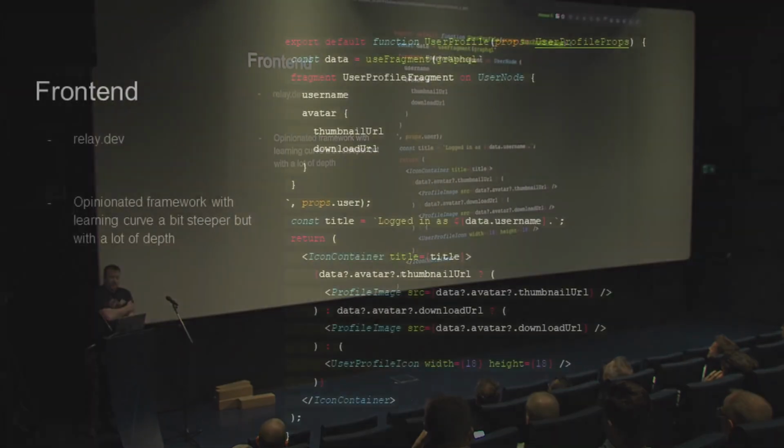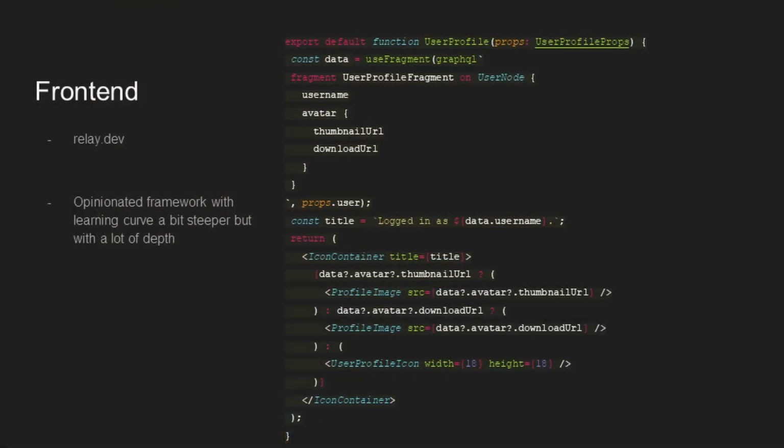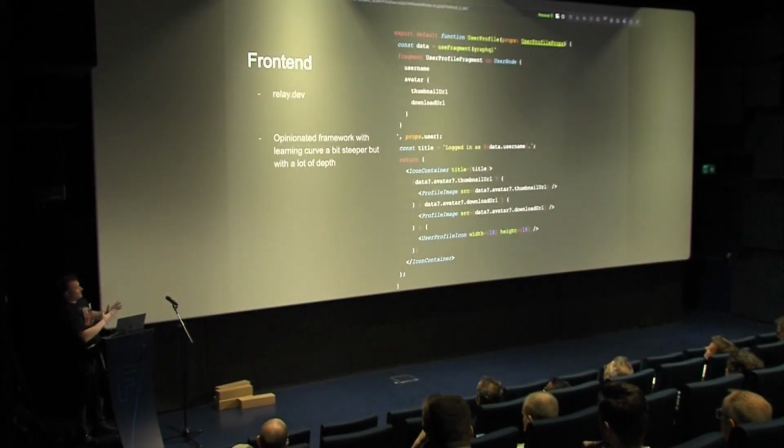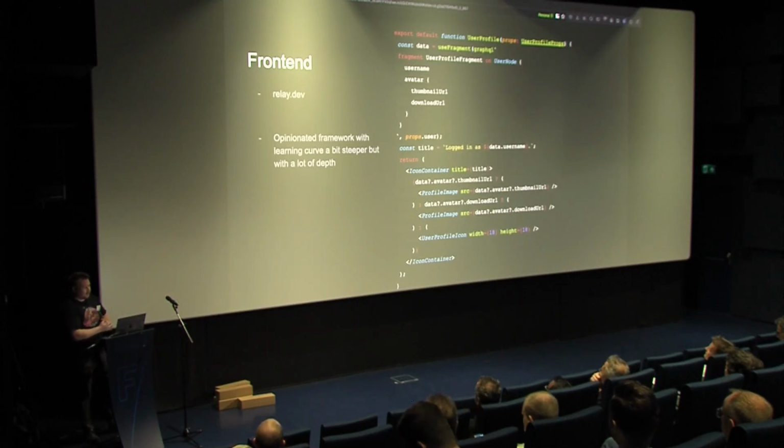And the nice part of GraphQL is that front-end developers have a way to actually define on component level, with certain libraries, what data they need. It's probably easier with some than others, but I use Relay. It's a very nice front-end framework, and you should really look into it.